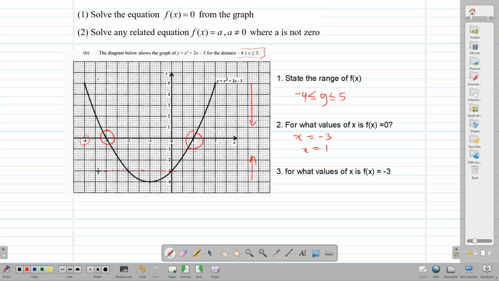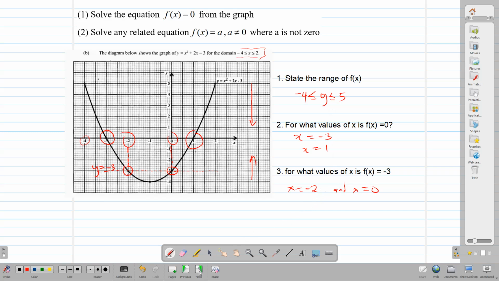So this line that we just drew, y equals -3, intersects with the curve here and here. And all that we need to do is to drop a line to our x-axis to see what the corresponding values of x are for those two intersection points. And the values are x equals -2 and x equals 0. And those are the solutions.